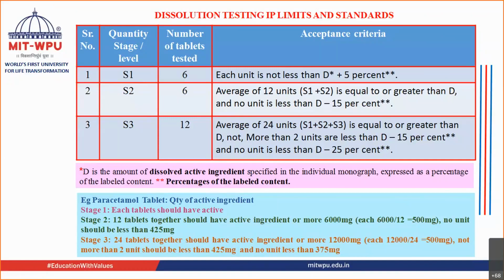All the 6 tablets that you are taking should have the active ingredient to be 525 milligram. If this happens, leave it. The test ends there only. If not, then you go to stage 2.